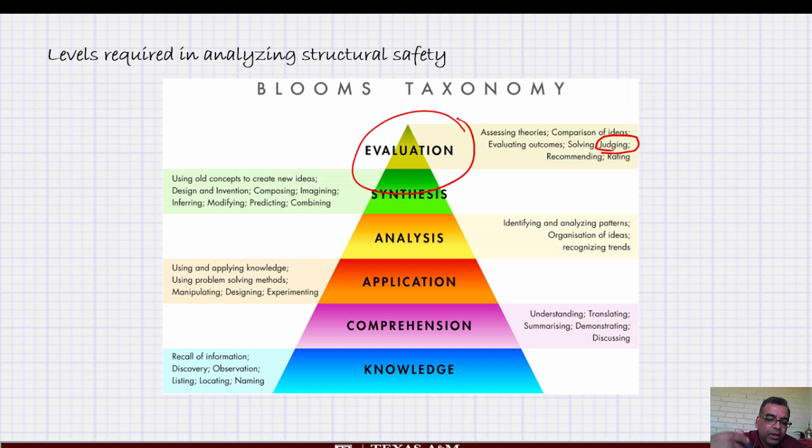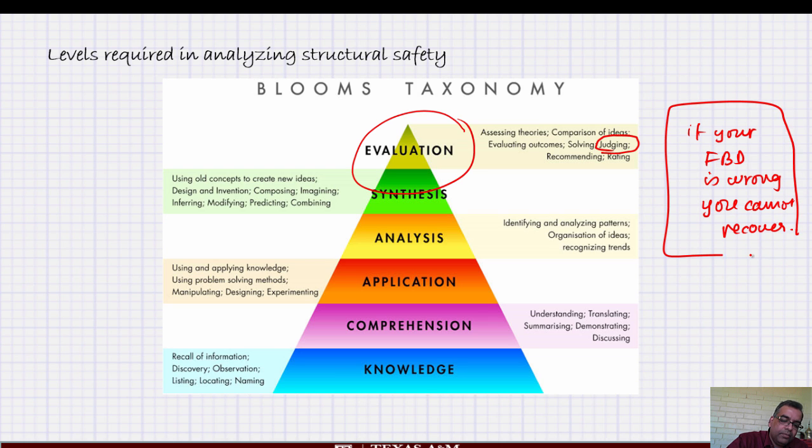The problem with free body diagrams is that if your FBD is wrong, you cannot recover. You are really dead. It will kill everything else. So that's why paying attention to and drawing free body diagrams is important.